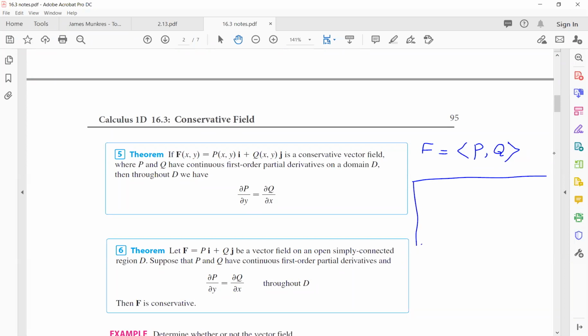Equivalently, you can say that if partial derivative of P with respect to y is not equal to partial derivative of Q with respect to x, then F is not conservative over D.